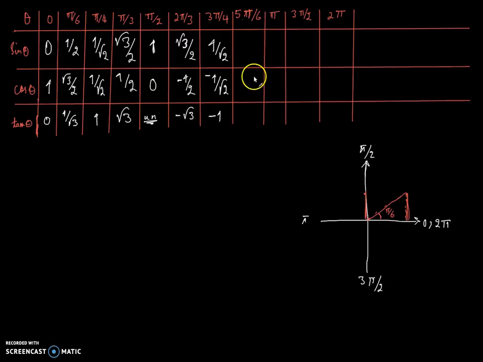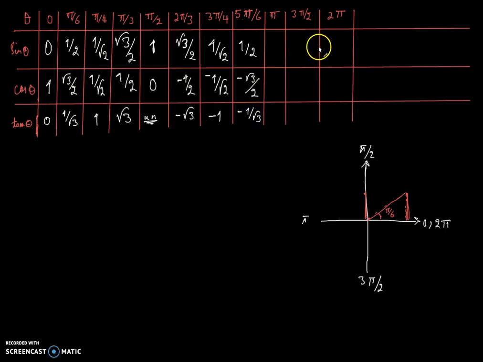For 5 pi by 6, sine value is 1 by 2. The cos value is minus root 3 by 2. And so the tan value is minus 1 by root 3.